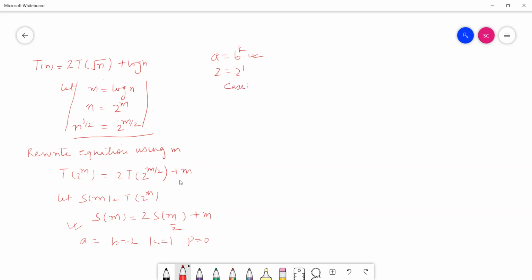So case 2 will apply here. Since p is greater than minus 1, S(m) is equal to, according to the formula, theta of m to the power log 2 base 2 times log n.